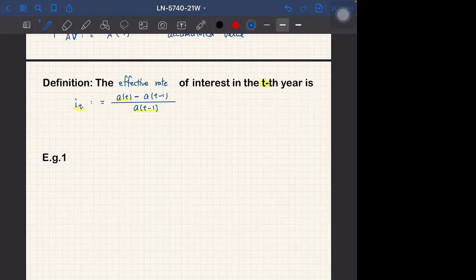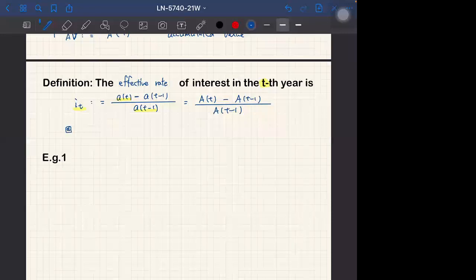Okay, so if we use the amount function, capital A, then you can do the same thing: (A(t) minus A(t-1)) over A(t-1). Anyway, everything is k times larger, but the ratio does not change.